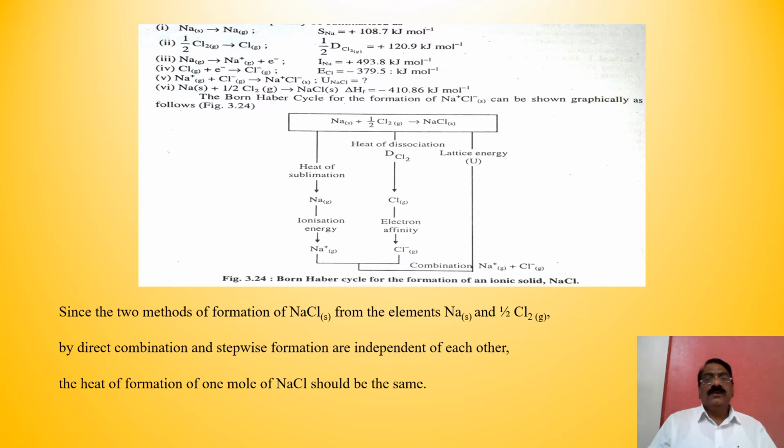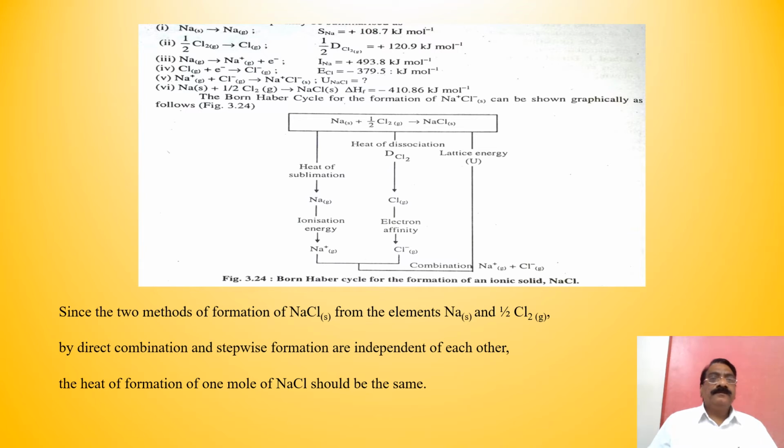Plus 493.8 kilojoule per mole. In the fourth step, chlorine atom can accept one electron and gives the chloride ion gaseous, which is the electron affinity energy, ECl, equal to minus 379.5 kilojoule per mole.